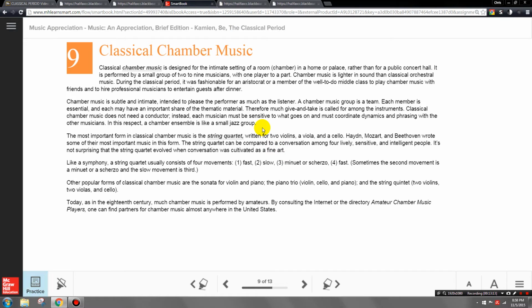As a matter of fact, I had some friends that got married when I was in graduate school at North Carolina School of the Arts, and one of their favorite pop songs, I actually knew that they had a string quartet playing for their wedding. They had already told me that they were hiring one, and they had asked me to pick out some music for the string quartet to play.